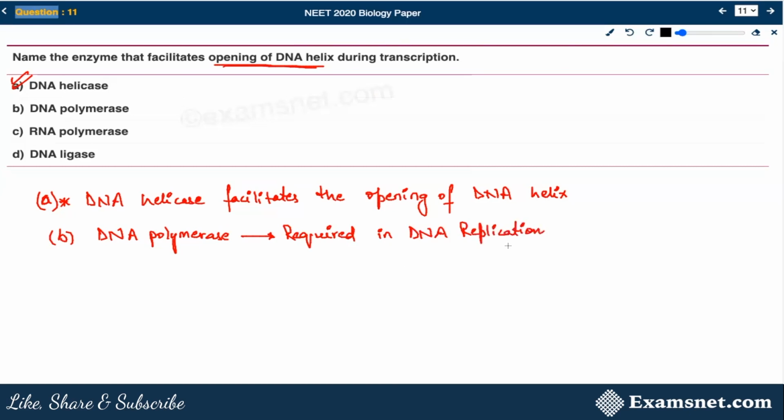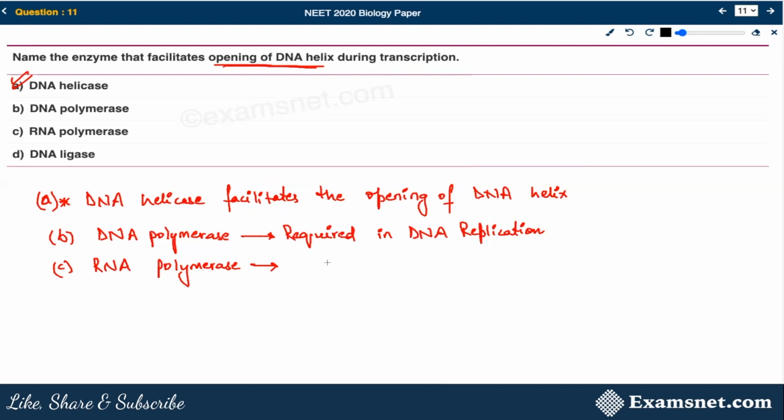Clear? Then RNA polymerase is required in polymerizing the RNA. Later on, it is being required. So that means in the process of transcription, but not in the opening of the DNA helix. All right.